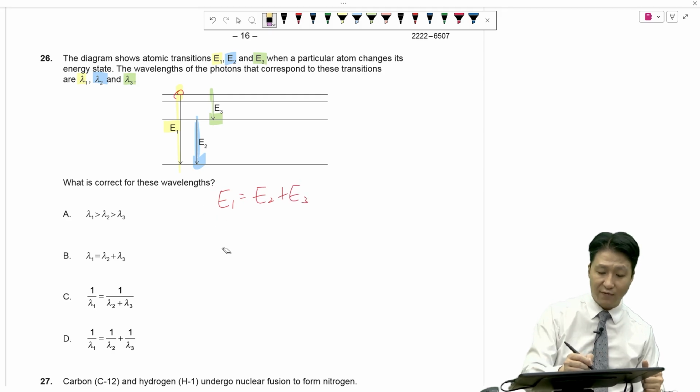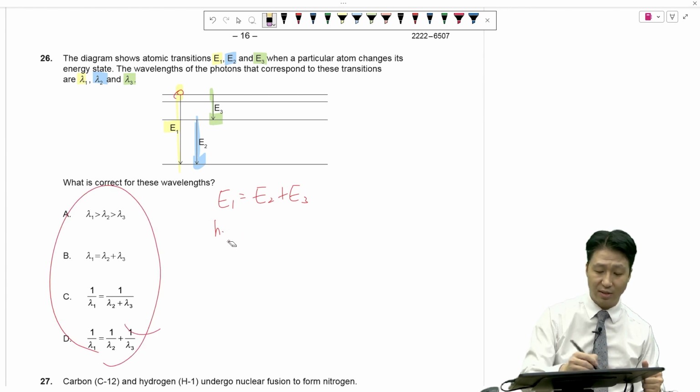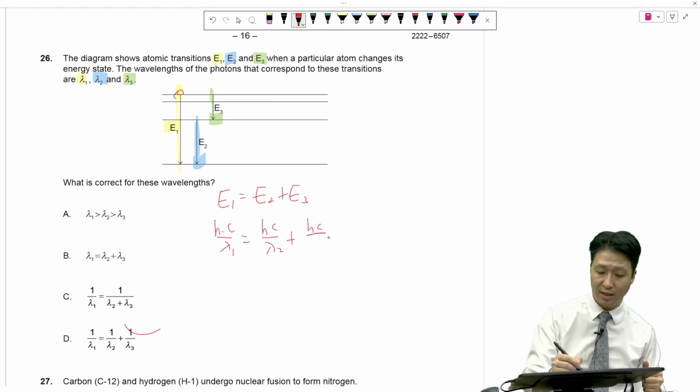Now, photon energies are Planck's constant times the frequency. But remember, you need to use wavelengths, so it's going to be hc over the wavelength. And since this is for the first transition, E1, I'm going to use lambda 1. So hc over lambda 2 plus hc over lambda 3.